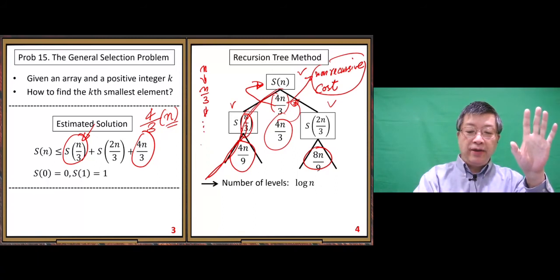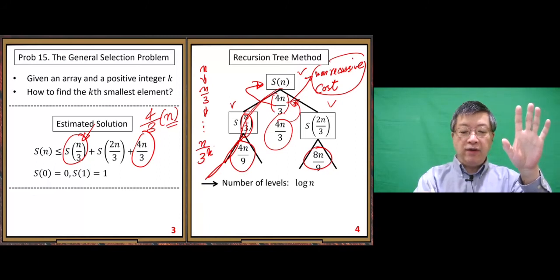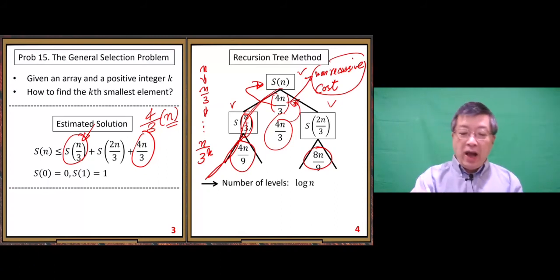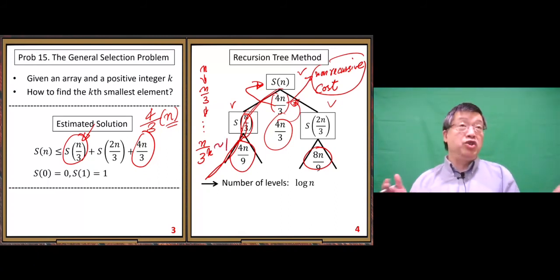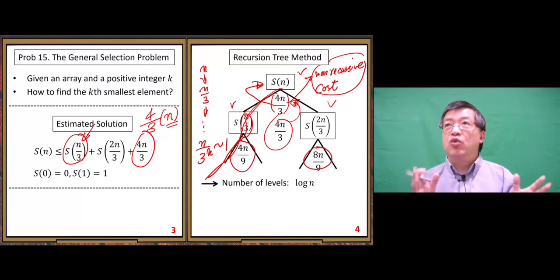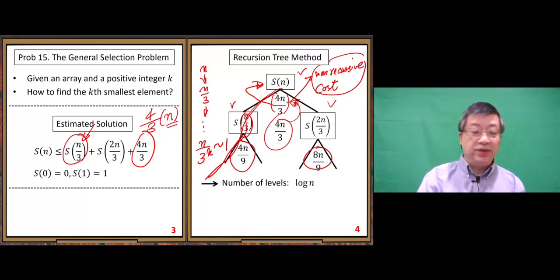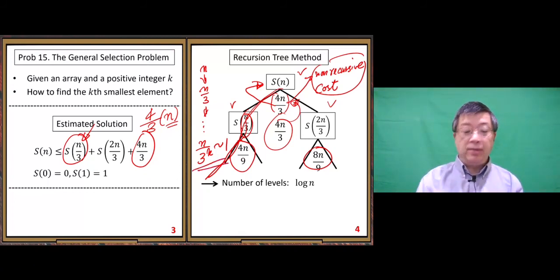Then at a certain level k, n over 3 to the kth power, and this number is approximately equal to 1. When that number equals 1, you reach the bottom, and you need to stop. So that means n is approximately equal to 3 to the kth power.